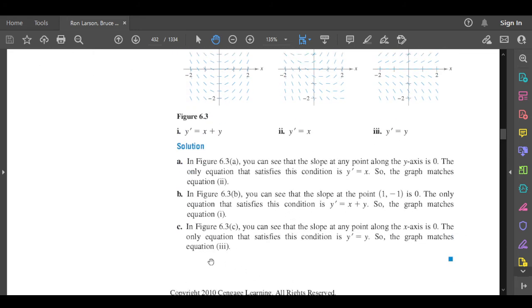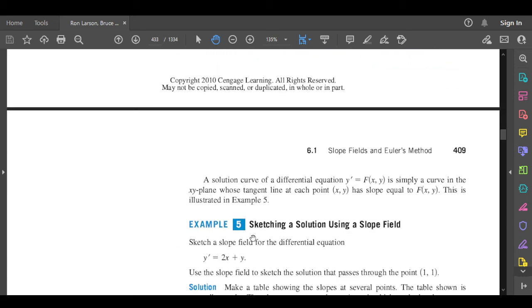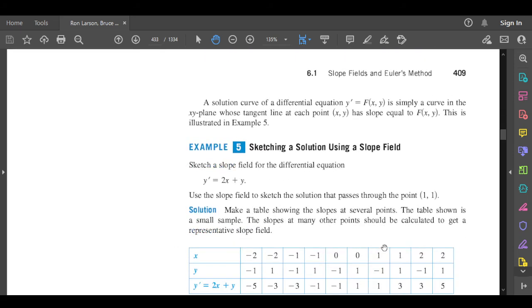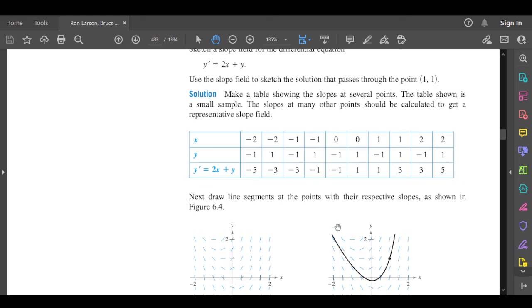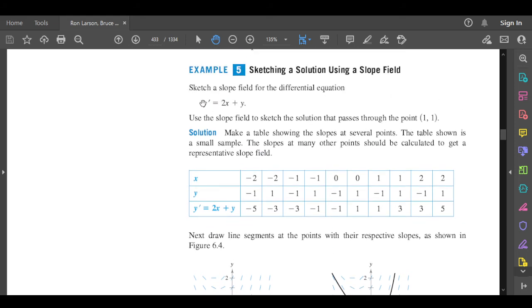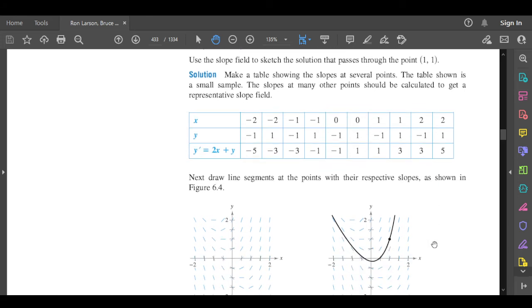I have some explanations here for the slope field. Sketching a solution using a slope field. So y prime is equal to 2x plus y, and you are given an initial condition, so you have to identify the graph of that solution.